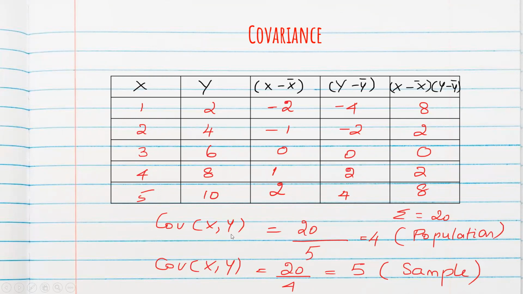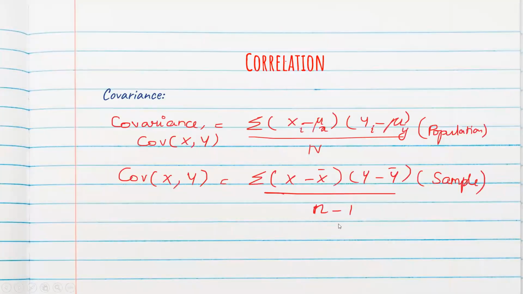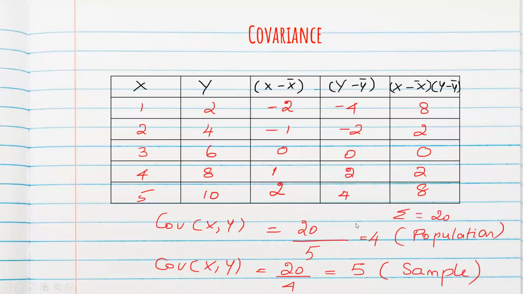In case I find the covariance of it, 20 divided by n minus 1. There are 5 observations, so 5 minus 1 is equal to 4. So what is the answer now? If I find sample covariance, the answer is 5.